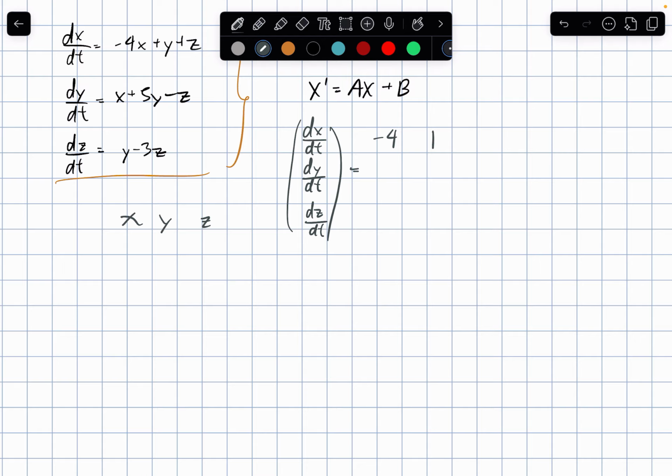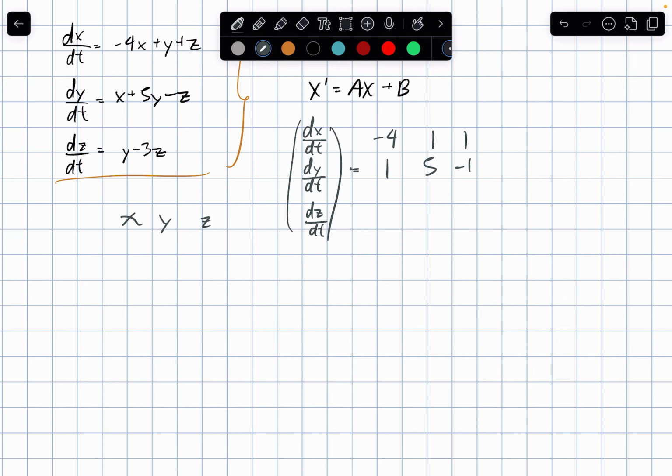So basically, I look at the coefficients of x, y, and z for each of these, and just list them as a matrix. So x, y, z. Here the coefficient of x is 1. For y, it's 5. For z, it's -1.